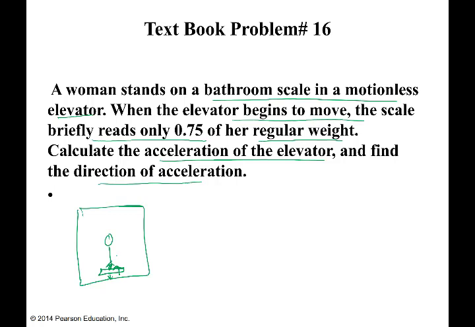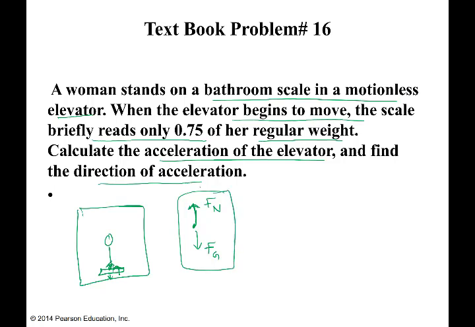A free body diagram for her will look like the woman, the normal force between the scale and her feet, and the weight acting downwards. When it is at rest and still, there is no net force, it's equivalent to 0.